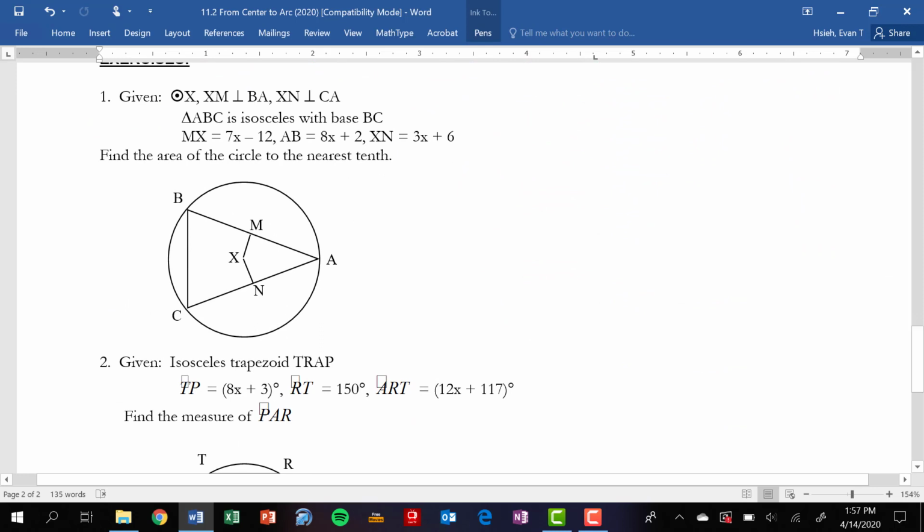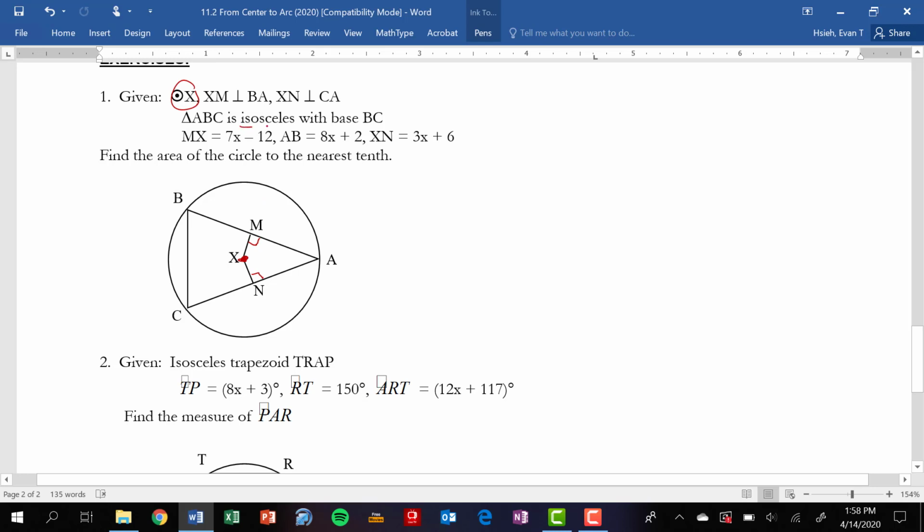All right, moving on to some example problems here. I went ahead and moved some of the diagrams over. So this is the center of the circle, X. XM is perpendicular, so I have a right angle here and here. I know those are the distances to the chords.